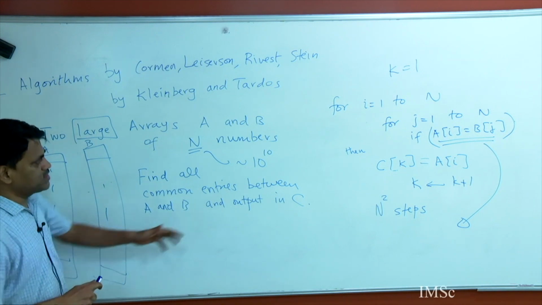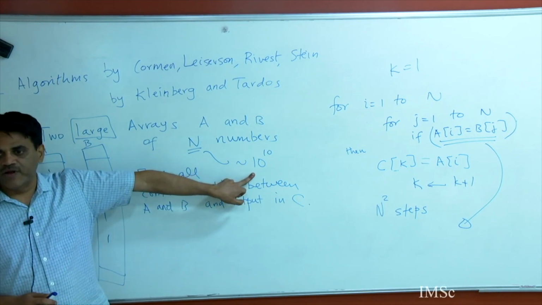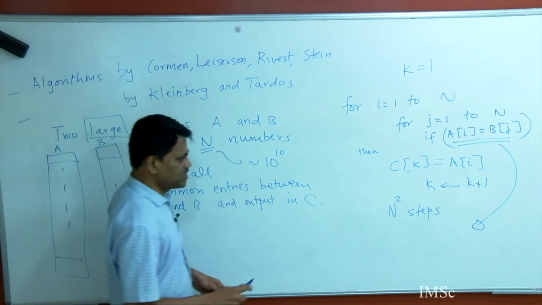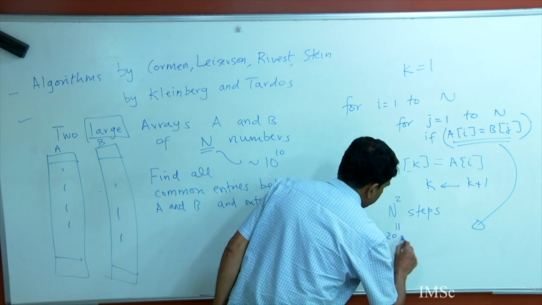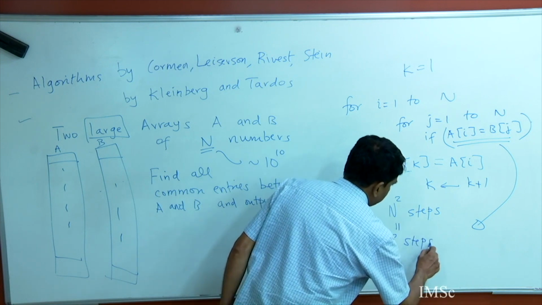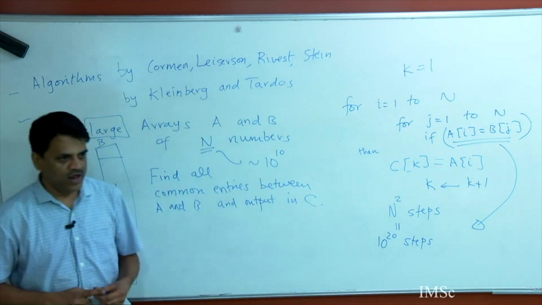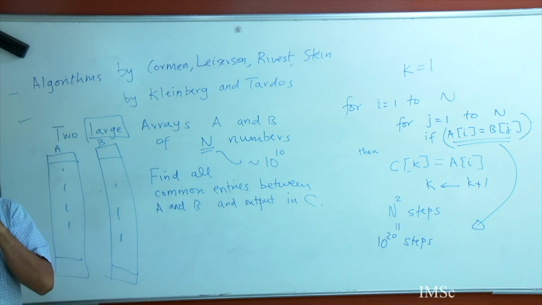But n for us is 10 power 10. So for our value of n, this is 10 power 20 steps, right? 10 power 10 square is 10 power 20, not 10 power 100.